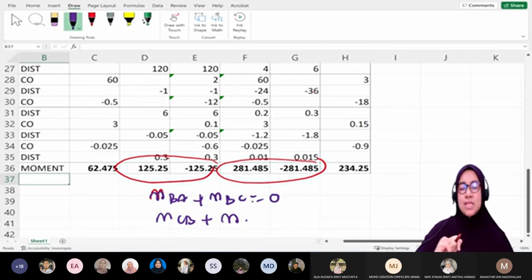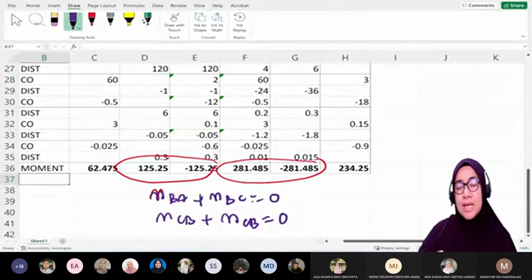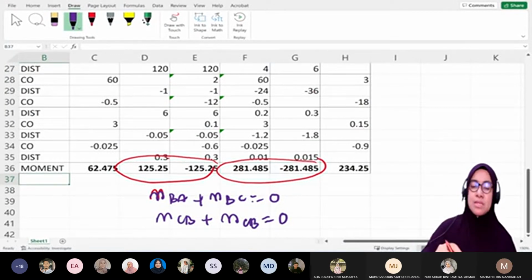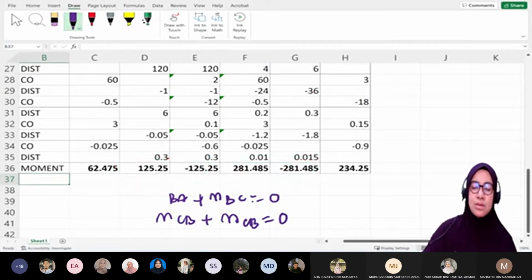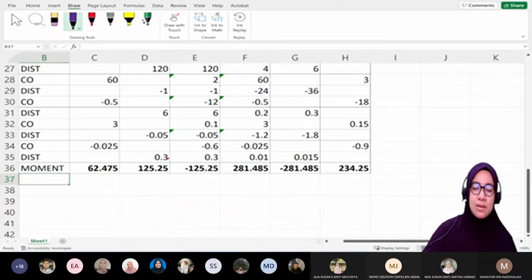Mesti dapat 0 unless ada applied moment dekat joint. Then only tak dapat 0 tapi equal to moment that you apply. Tapi yang basic macam ni je lah. So that is why we get 1 negative, 1 positive.